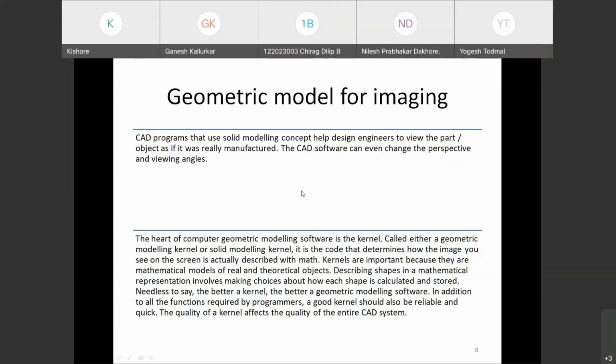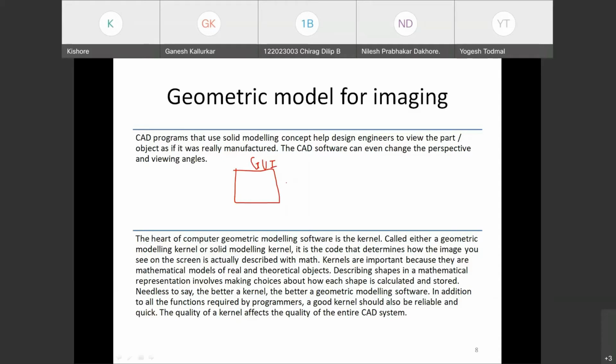So when we say kernel, it is nothing but a set of programs. Let me draw it for you. So this is your computer screen. Whatever you see on the computer screen is nothing but your GUI, that is the graphical user interface.